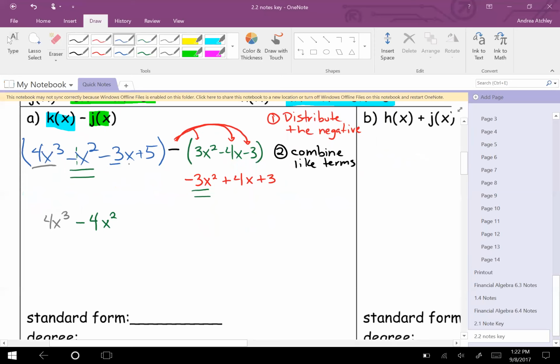The next term is the negative 3x. And over here we have an x as well. So negative 3 and positive 4, they are opposite signs. So I'm going to subtract and get a positive 1x, or just x. The final like term I have is the 5 and the 3.